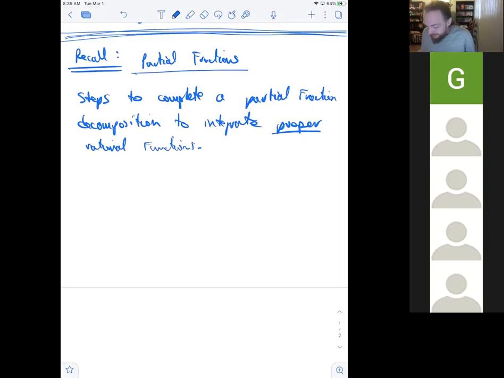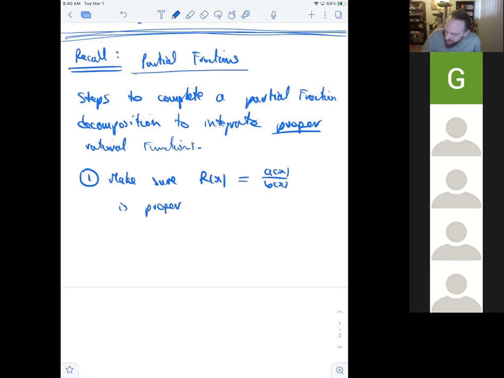All right, so one, make sure it's proper. A of x over b of x is proper. That means that the degree of a of x is strictly less than the degree of the denominator.